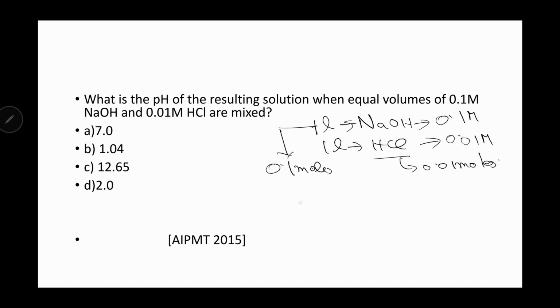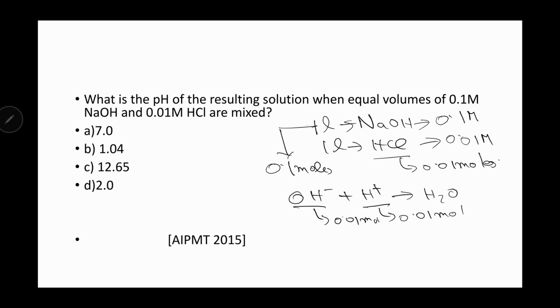So when we mix them, the OH minus of NaOH and the H plus of HCl react together to become H2O. Now we have 0.01 mole of H plus only, and therefore it will react with 0.01 mole of OH minus.